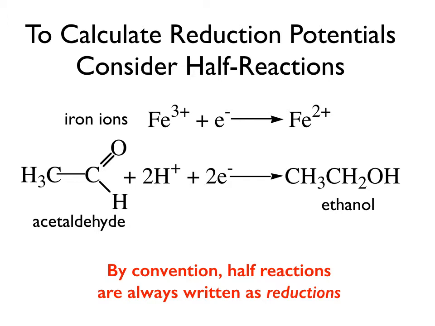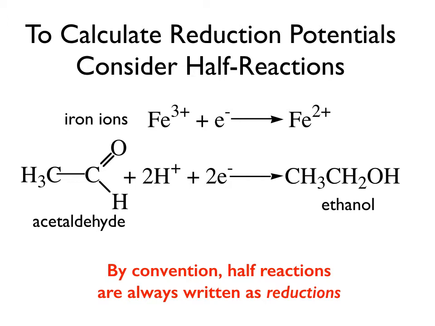Now, you remember that we can calculate the standard reduction potential, the standard electrode potential for a redox reaction. And typically, we do this by writing half reactions. So let's consider a reaction that turns out to be important for the discussion of electron transport, and that has to do with iron.